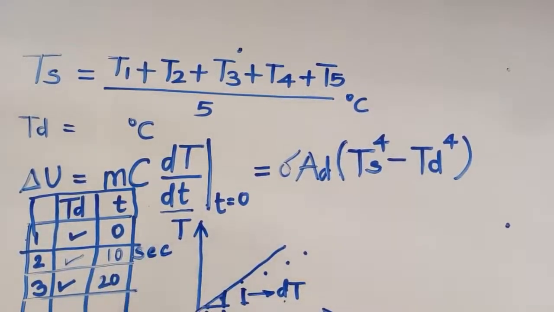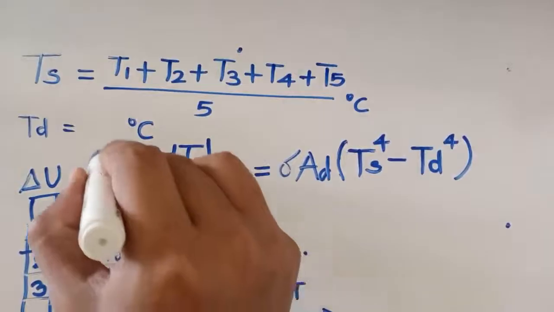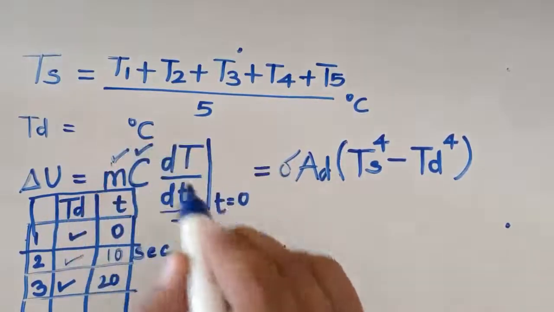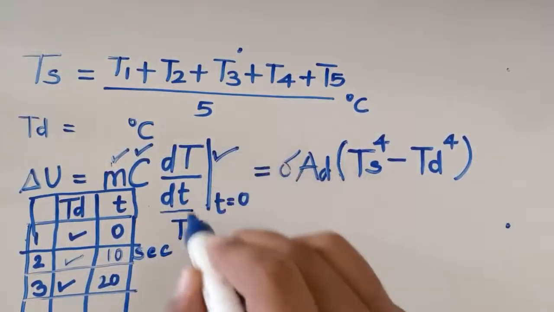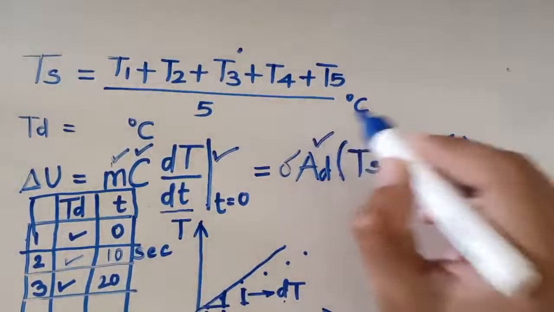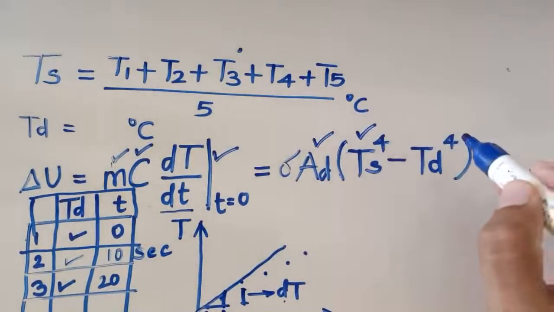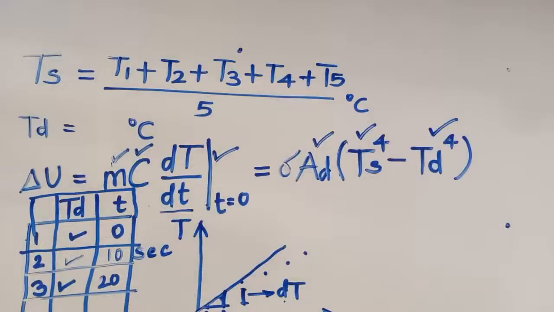So once we do everything, in this entire equation, mass is known to us, C is known to us, dT by dt is known to us, area of the disk is known to us, T_S obtained from experimentation, T_D obtained from experimentation.